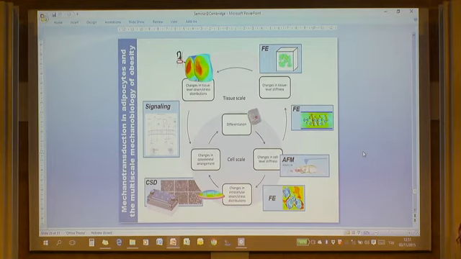Now, maybe I look young, but I'm old enough to remember that no one had thought of cancer that way. Like 15 years ago when I worked in the States, I worked with someone who was claiming that cancer is a biomechanical disease, because at the cell level, there are so many changes that take place. How do you diagnose breast cancer? You probe it, and you feel that something is stiff there.